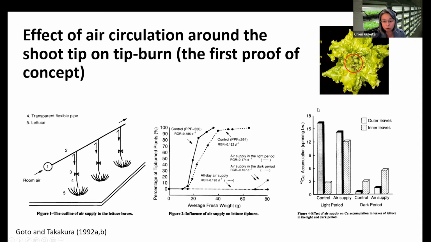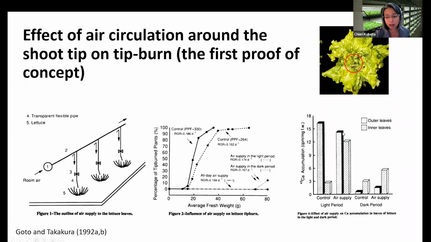Outer leaves have good calcium concentration because outer leaves are widely open, right, and exposed to the environment. Inner leaves are enclosed, in a sort of dented area, I would say. Therefore, more boundary layer accumulation in the shoot tip area, less transpiration, lower concentration of calcium.